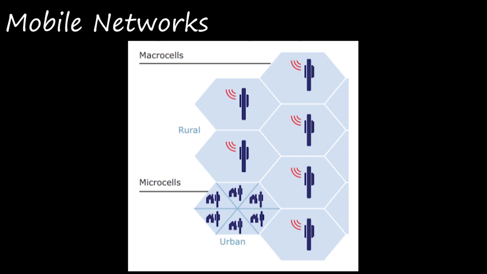right? Cells will often be smaller in large towns because the number of users in the area is higher. Why? If it is a city, there will be more people who use networks, right? So if a cell is in a city, it will cover a small area only.